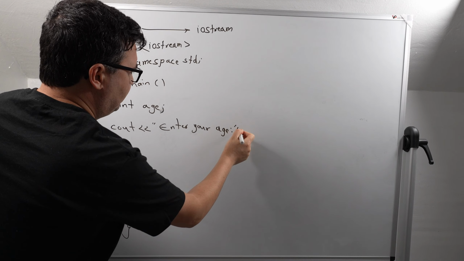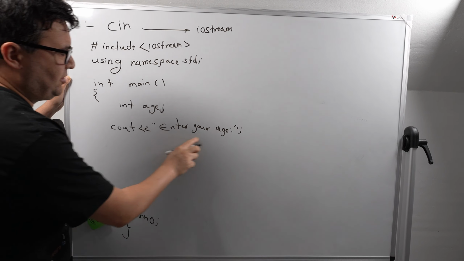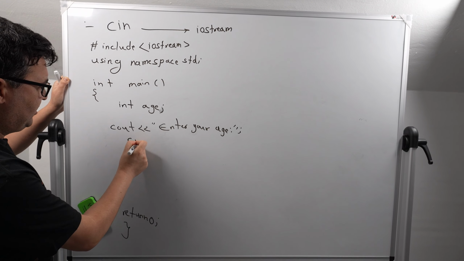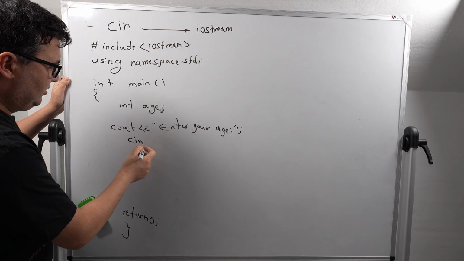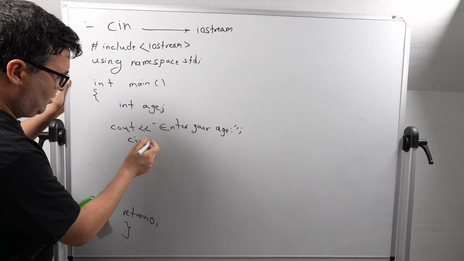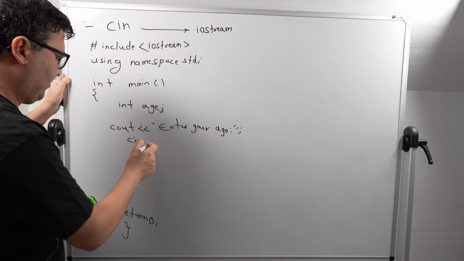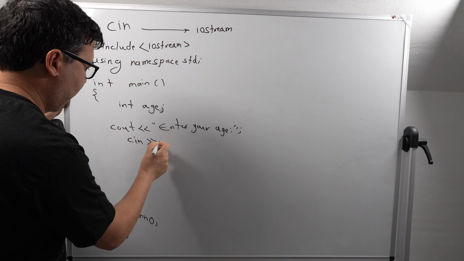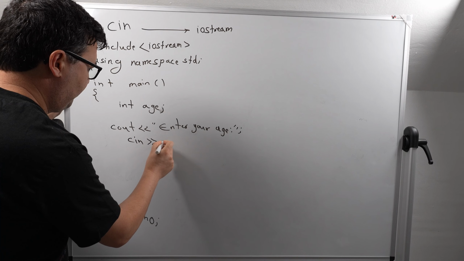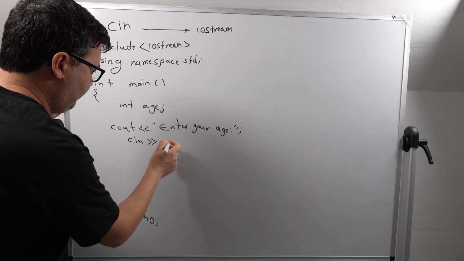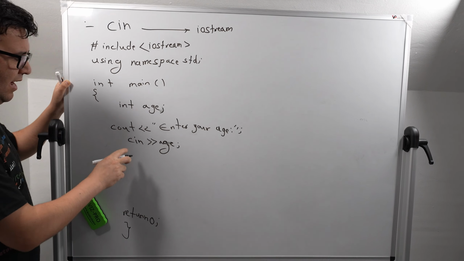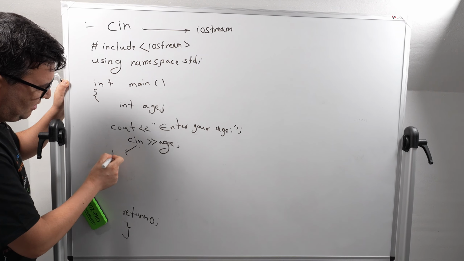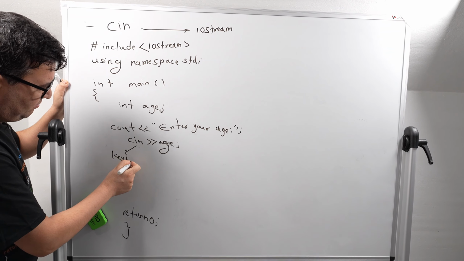This message will be displayed to the user because we use cout. Then we use cin to get input from the user: cin age. Now, when the user enters any information from the keyboard, cin is like a keyboard, okay?